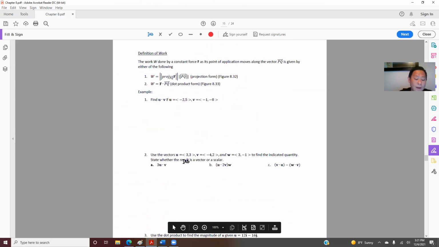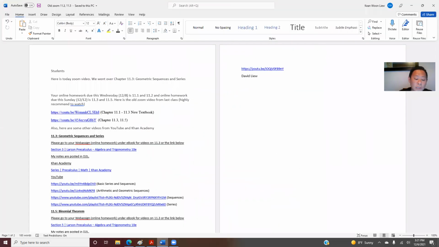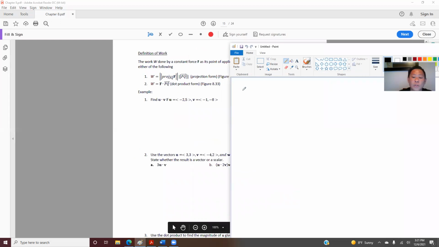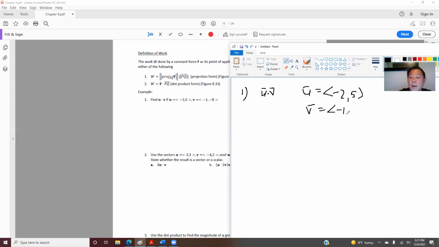So really fast. Question 1 in this section asks you to find the dot product of u and v, given that u is -2, 5 and v is -1, -8.